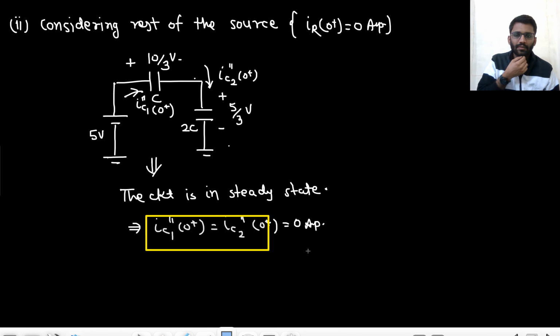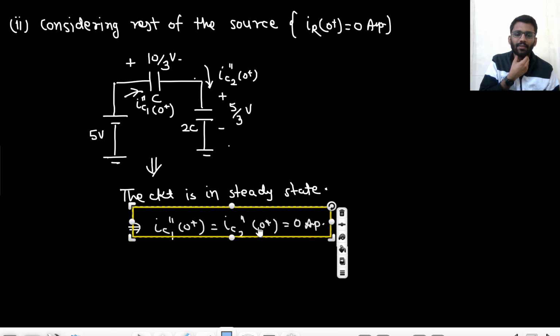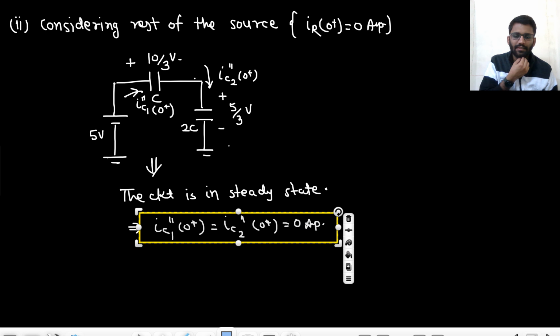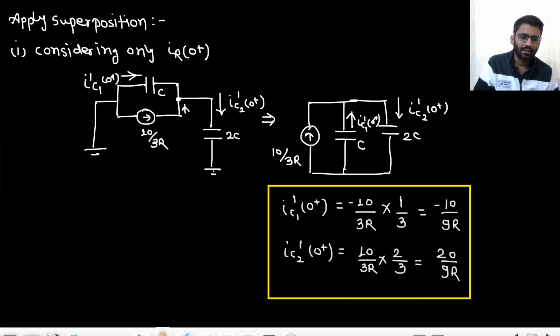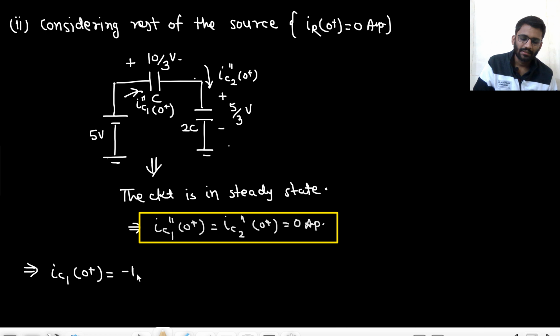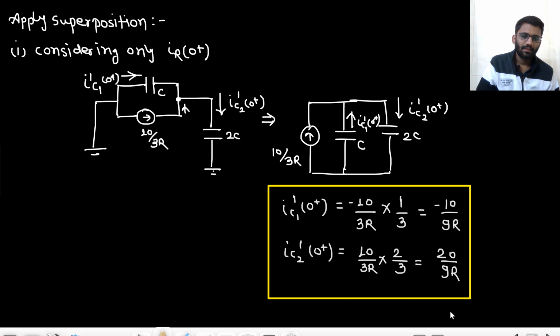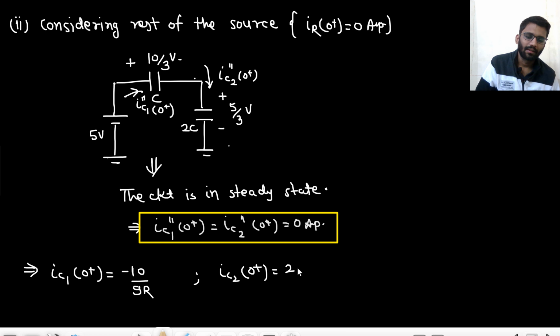So what will be your IC at t equals 0 plus? Your IC1 at t equals 0 plus is coming out to be this current, minus 10 by 9R, and IC2 0 plus is 20 by 9R, right?